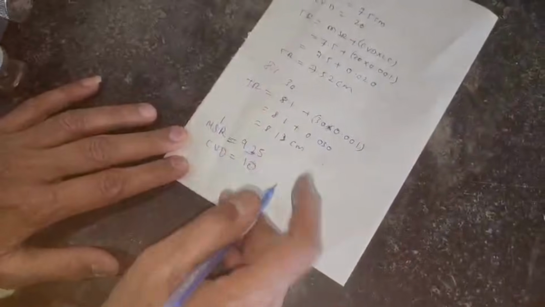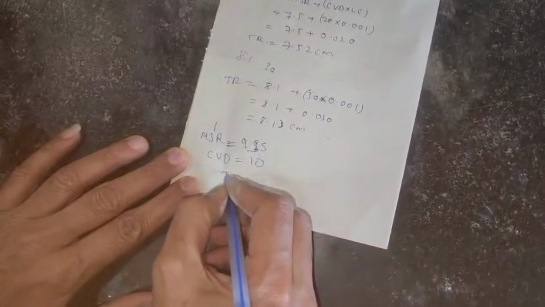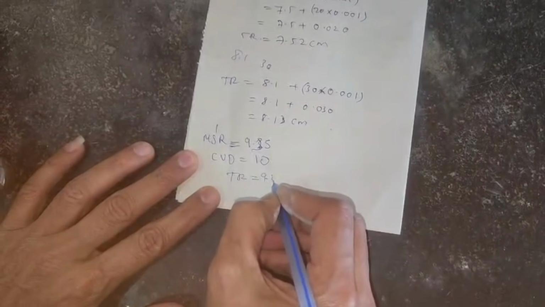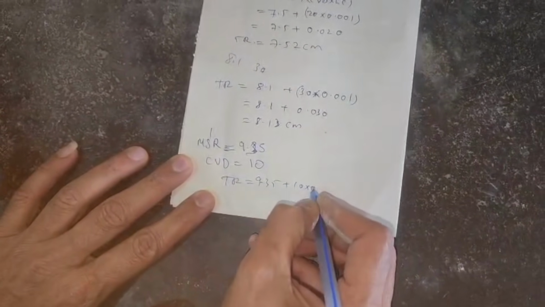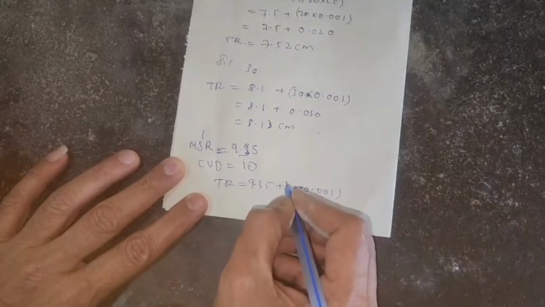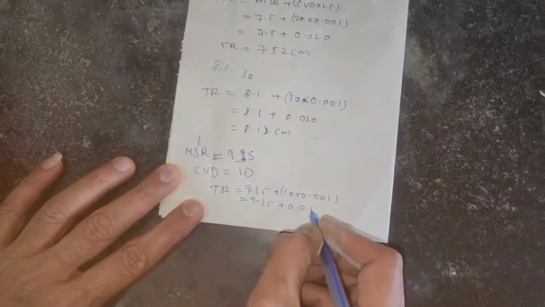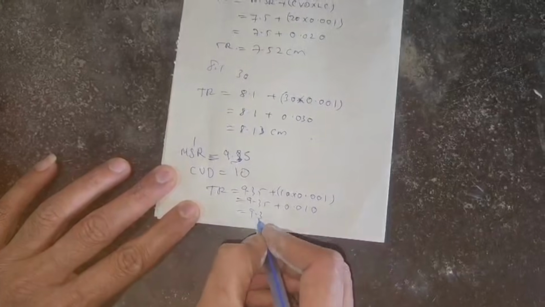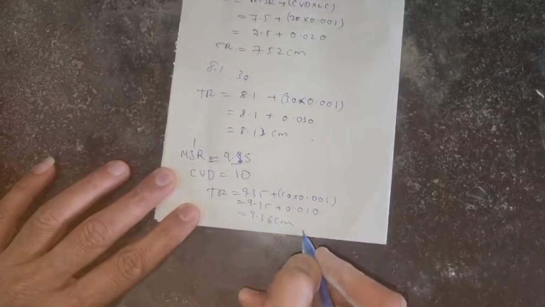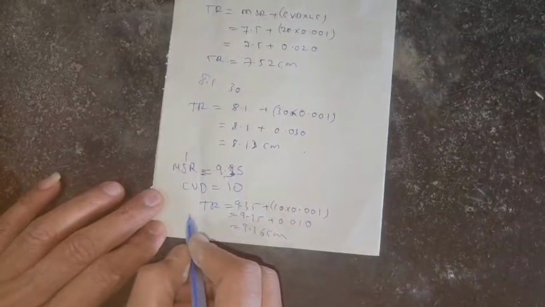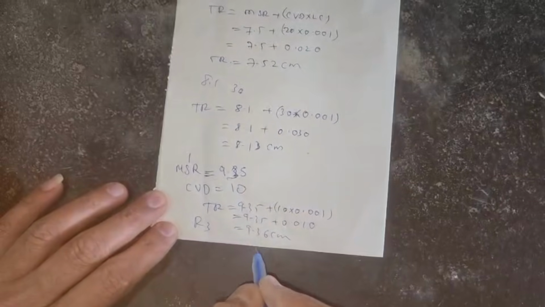Total reading in this case: TR is equal to 9.35 plus 10 into 0.001, 9.35 plus 0.010, 9.36 centimeter. Here R3 is 9.36 centimeter.